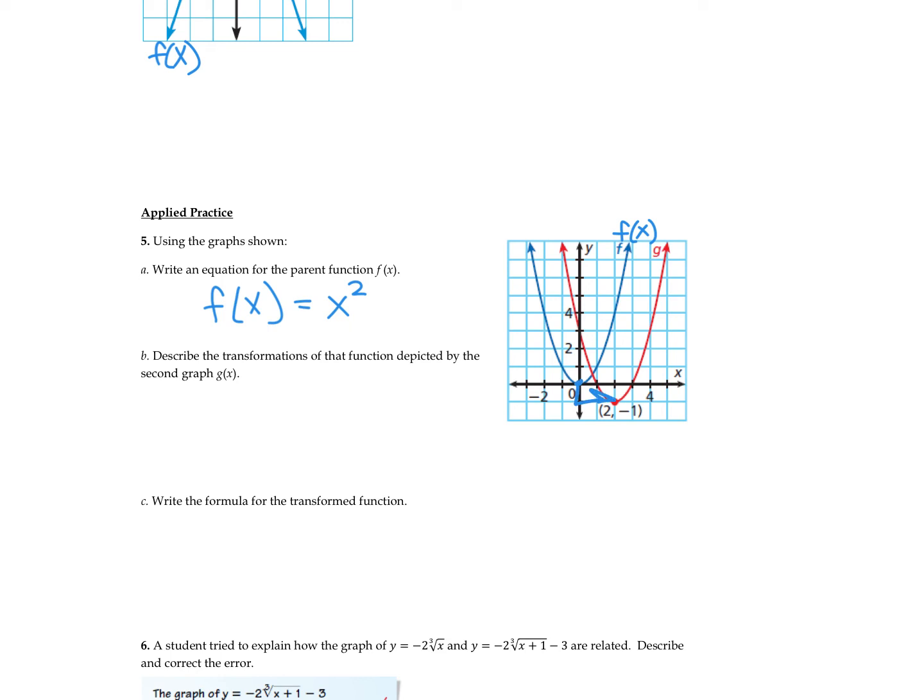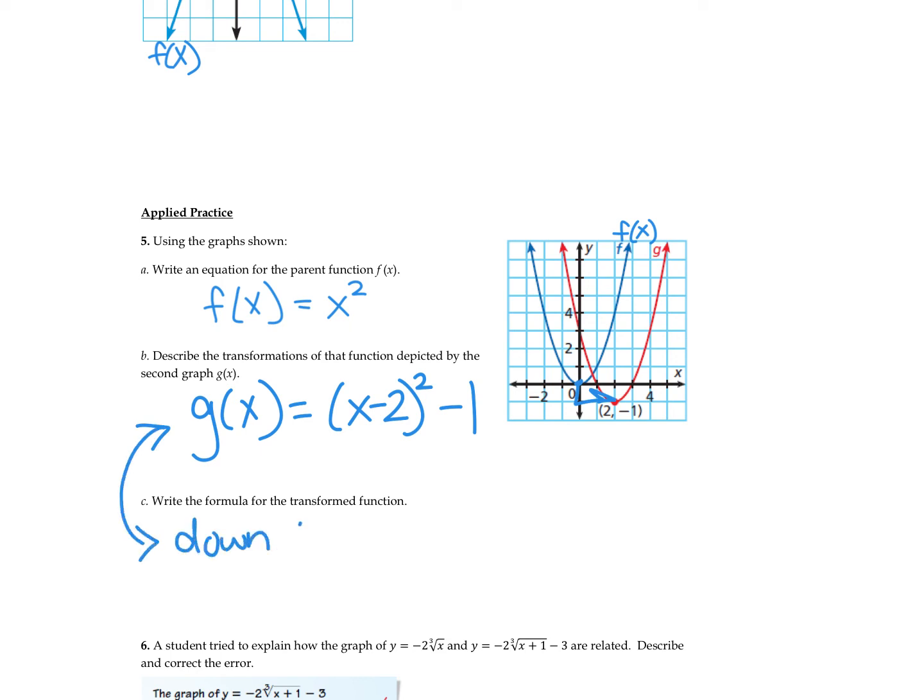We went down 1 and to the right 2, so this would be g of x equals, to the right 2 would be x minus 2 squared, and then down 1 would be a minus 1 on the outside. Oh, we're going to flip-flop these. It was down 1 and right 2 units.